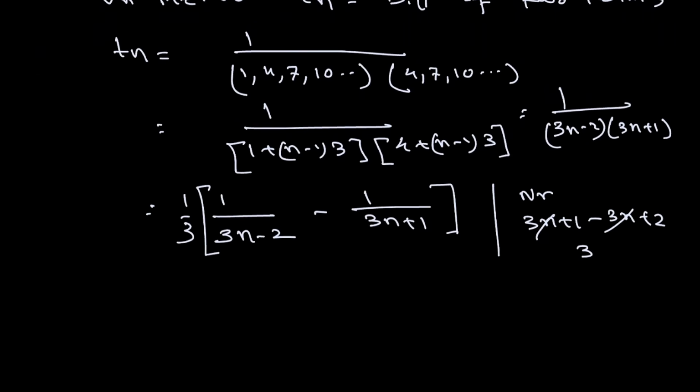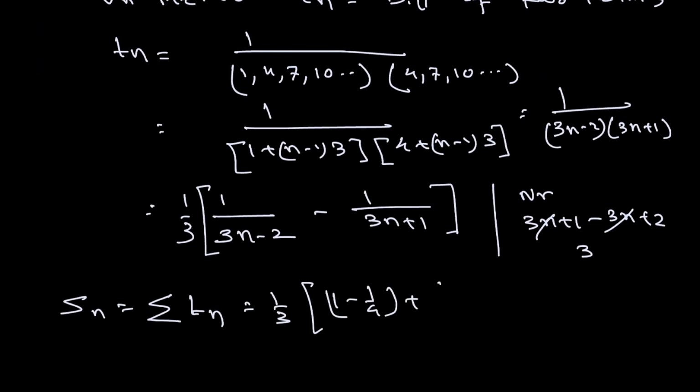So this is Tn. Now Sn equals the summation of Tn. If we apply the summation formula and put n equal to 1, we get 1 minus 1/4. If we put n equal to 2, we get 1/4 minus 1/7.